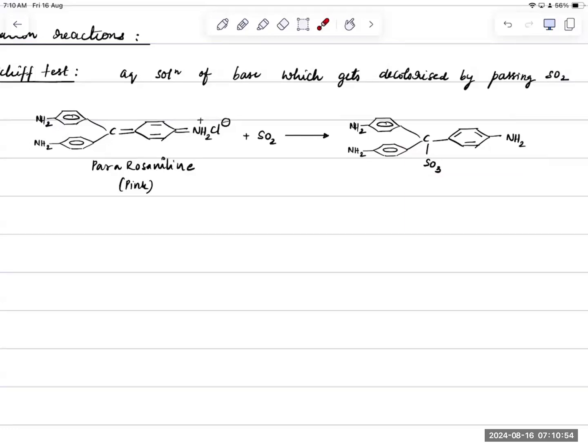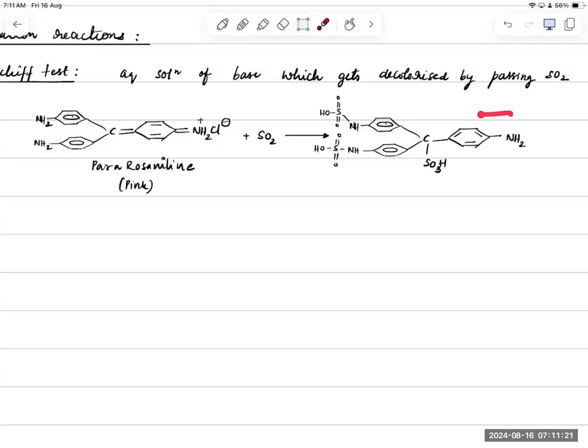And this side of the nitrogen will also get substituted, and you will get this as S double bond O, double bond O, OH. And here also you will get just like a sulfamide form, SO3H.